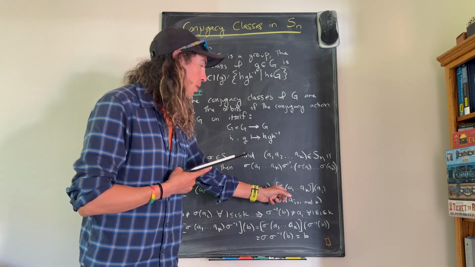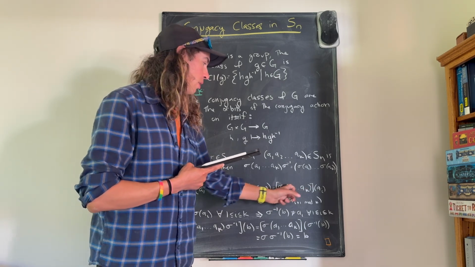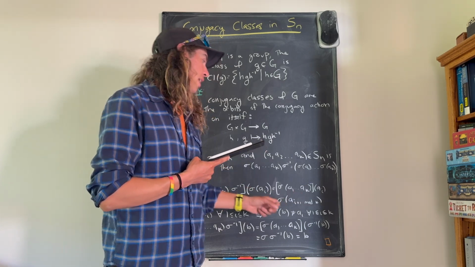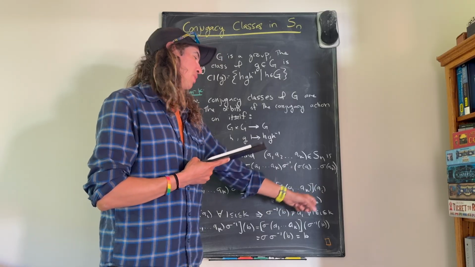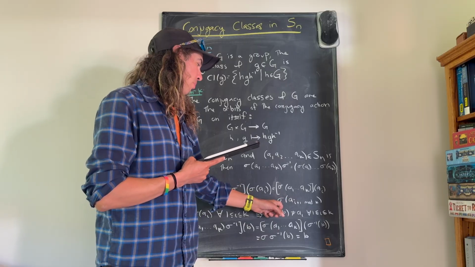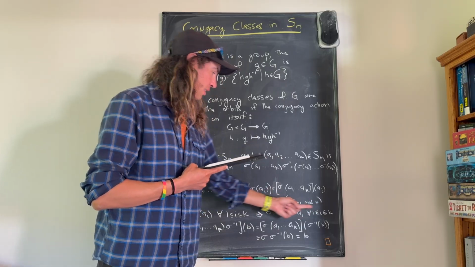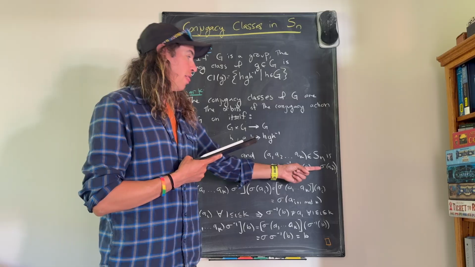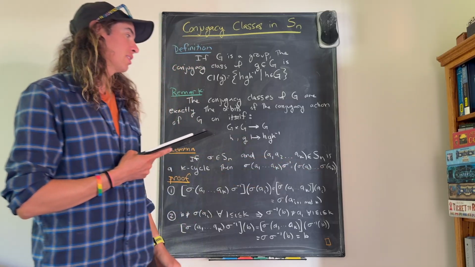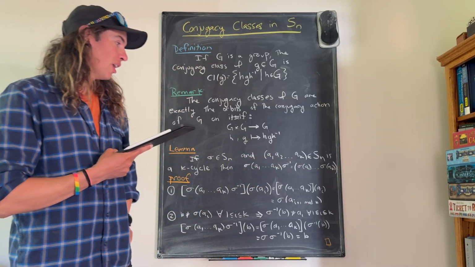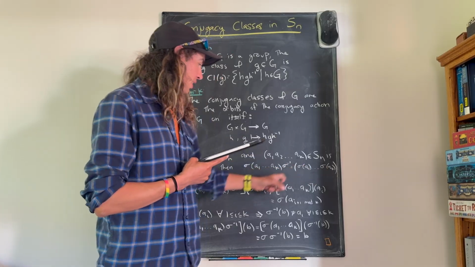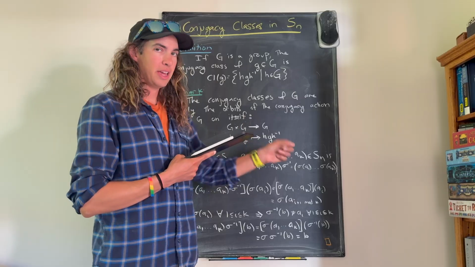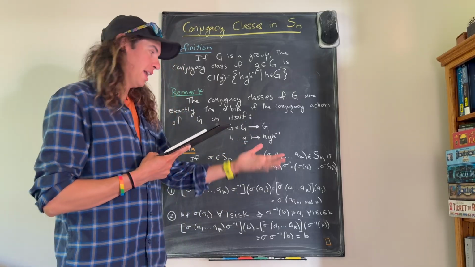Then I just have sigma of that: sigma of the k-cycle applied to ai, which is sigma of a(i+1 mod k). And this is exactly where the other k-cycle sends sigma of ai: it sends sigma of ai to sigma of a(i+1 mod k).